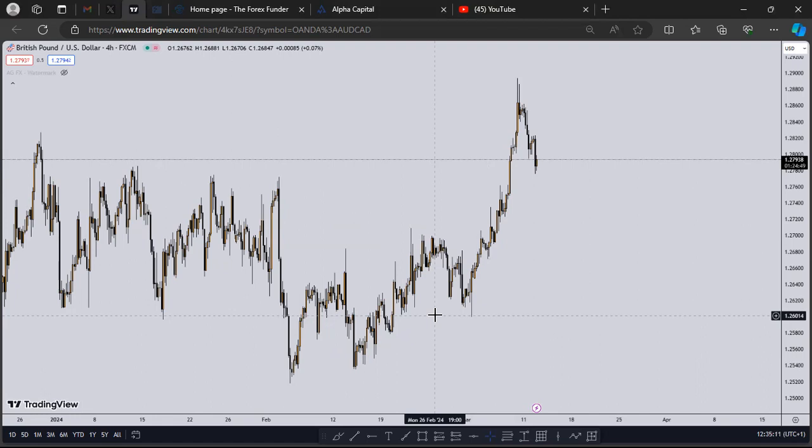Why would you be skeptical that the market would not go all the way in your direction? It's because there's a reason for that particular analysis. Maybe you didn't see something you were supposed to see, but you took the trade, so you'll be skeptical. Maybe you are supposed to look for supply zone, inducement, but you didn't actually look for all those things. You saw a pattern, you traded a pattern.